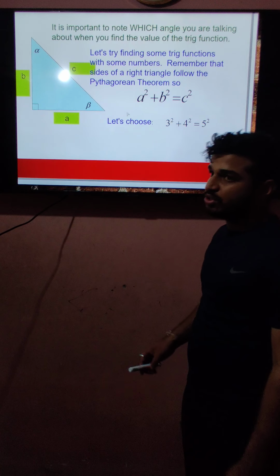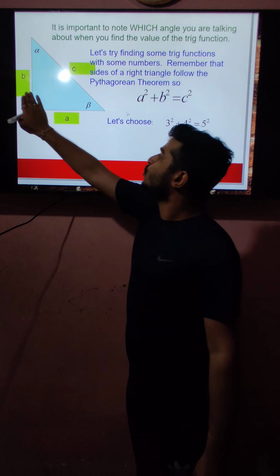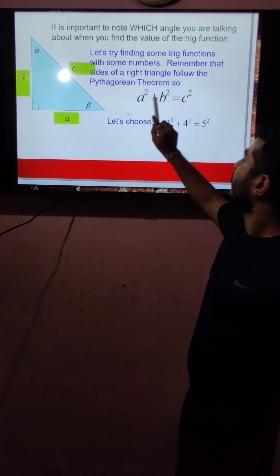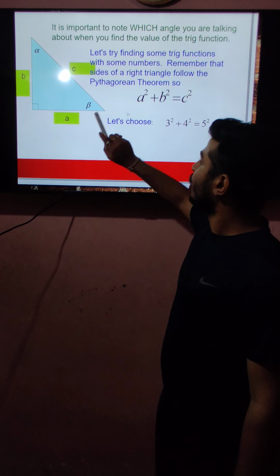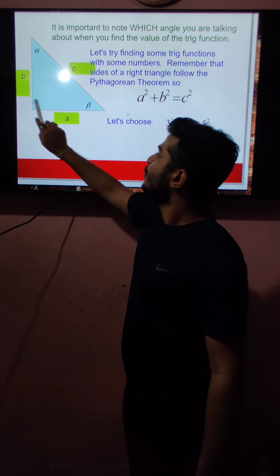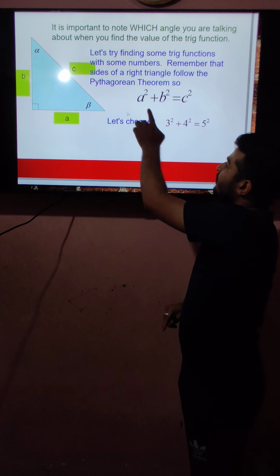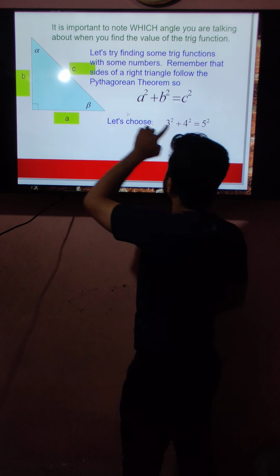It states that the hypotenuse square will be equal to the sum of the squares of the other two sides, a square plus b square.